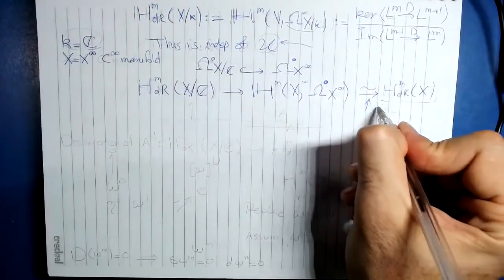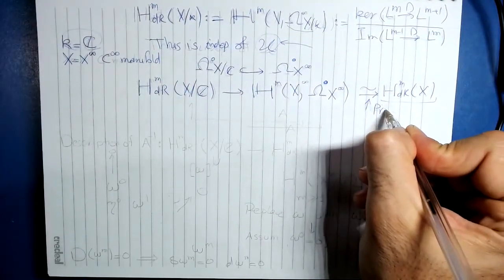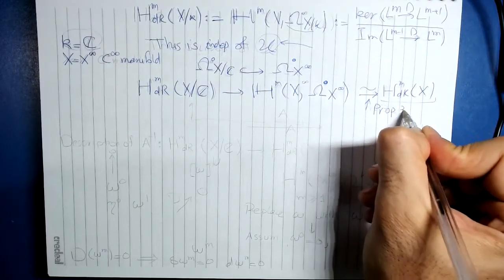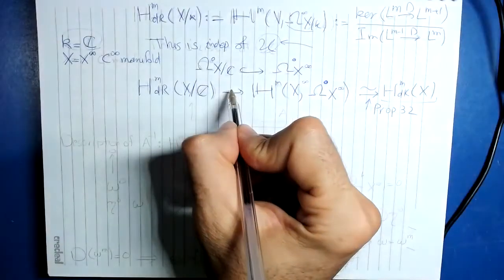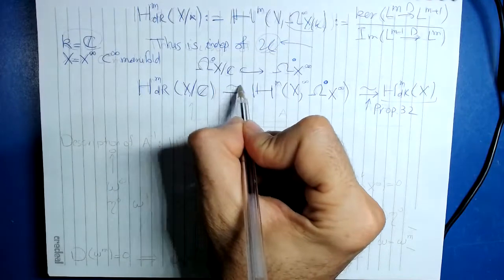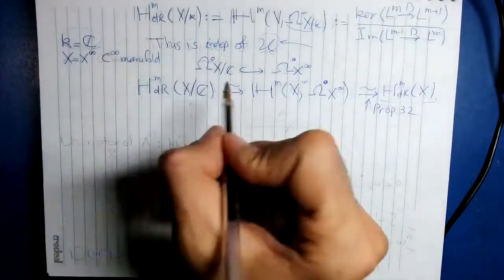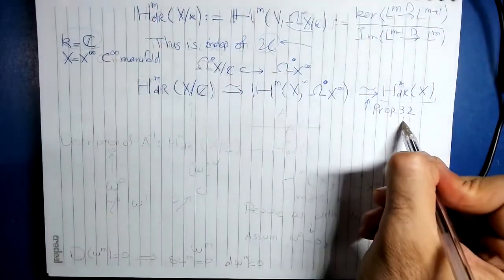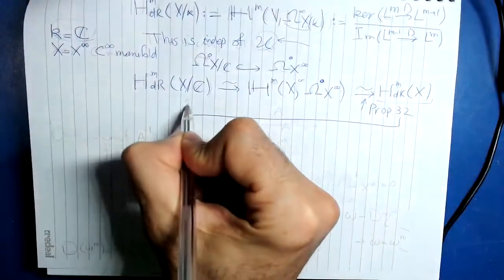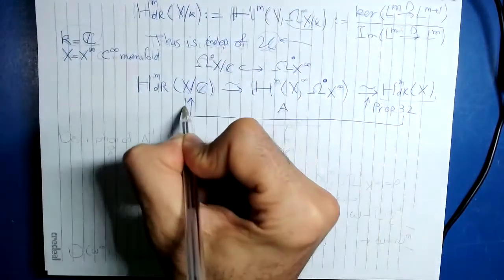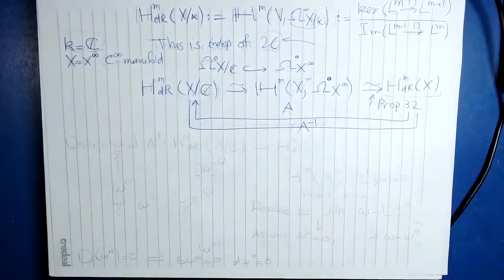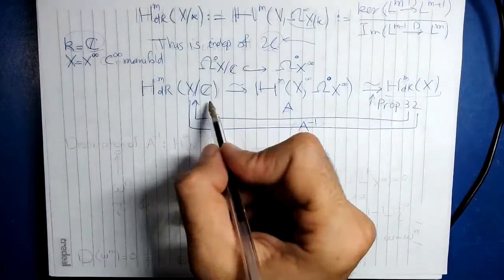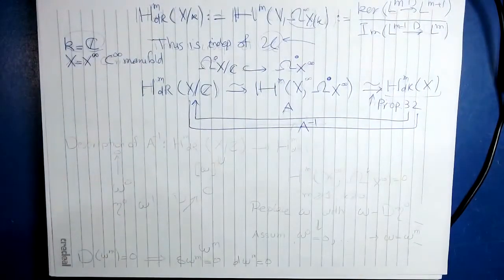So for the classical de Rham cohomology, I will just use H^m de Rham of X with coefficients in R or C. This isomorphism in the book is proposition 3.2, but I don't want to prove this separately. Actually, what I want to explain is that since this is an isomorphism, we have this canonical map A from here, and its inverse from algebraic de Rham cohomology to usual cohomology.